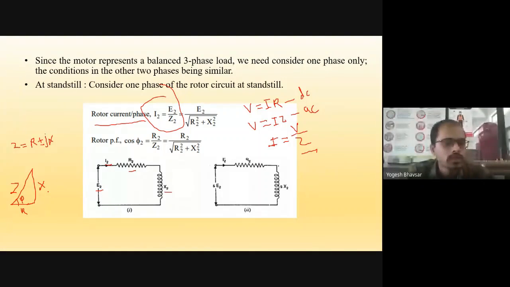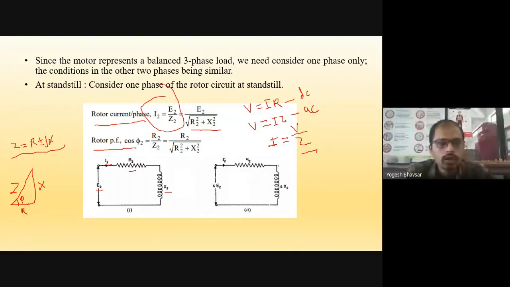So this is the impedance triangle, by which we can also write the formula for impedance by Pythagoras: Z squared is equal to R squared plus X squared. So Z is equal to the square root of R squared plus X squared, or we can simply use rectangular to polar representation. So here Z2 is equal to the square root of R2 squared plus X2 squared.